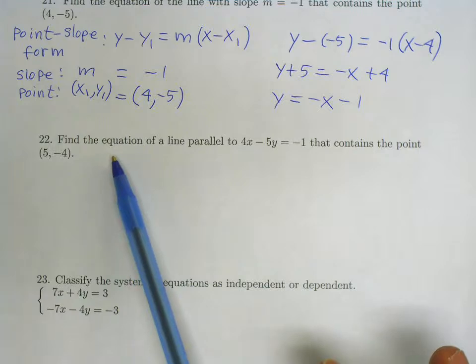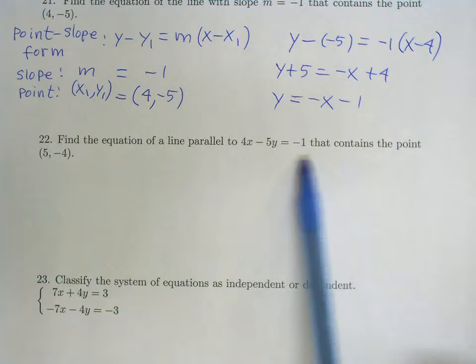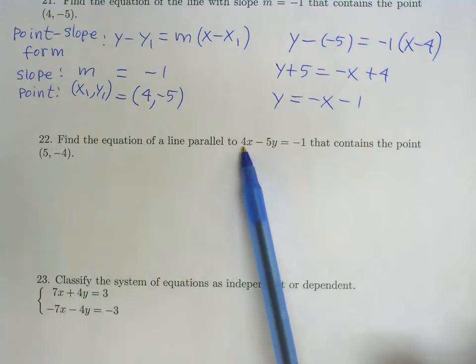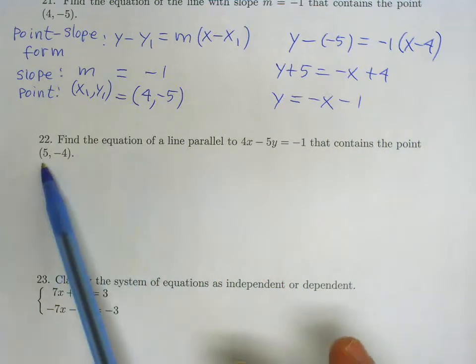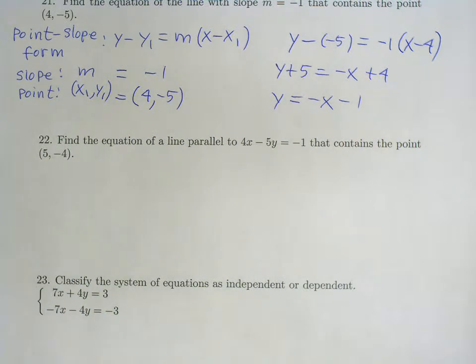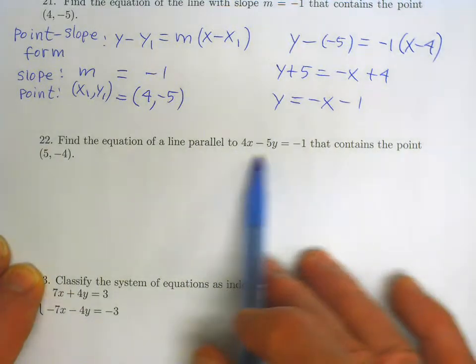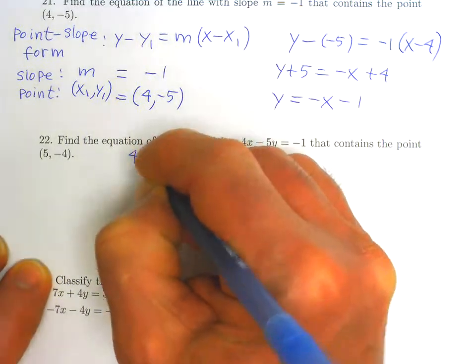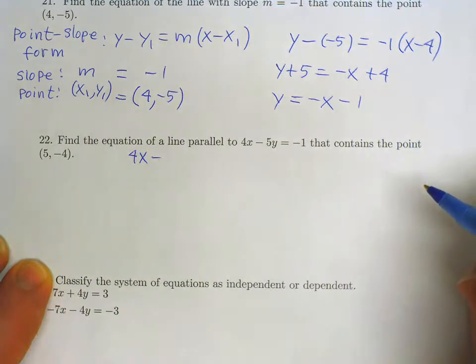We want to find the equation of a line that is parallel to this line. So the new line has the same slope as this line, 4x minus 5y equals -1. And that new line also passes through the point 5, -4. So we need to know the slope of that line. If we solve this equation for y and get it into the slope-intercept form, then we'll know what the slope is.